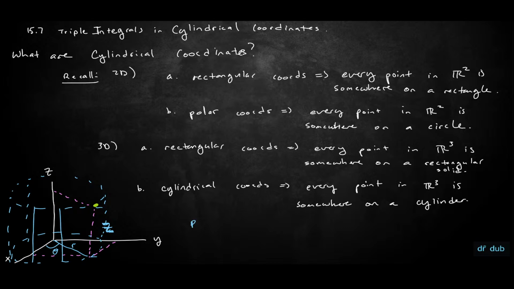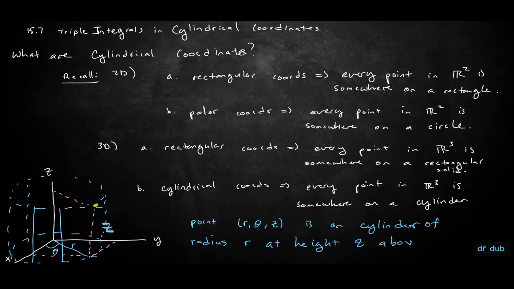So the point r, theta, z is on the cylinder of radius r at height z above the XY plane. So we'd call this point the point r, theta, z.